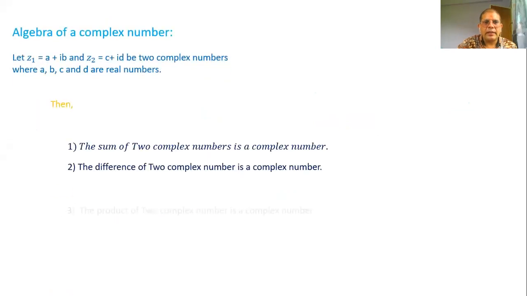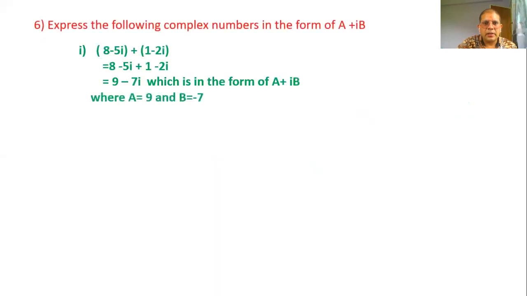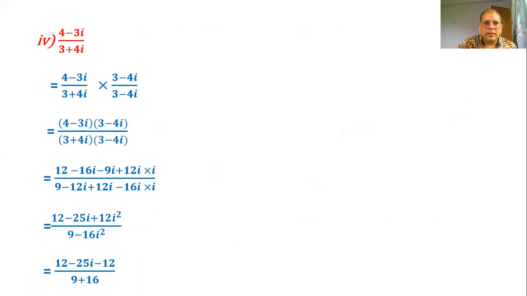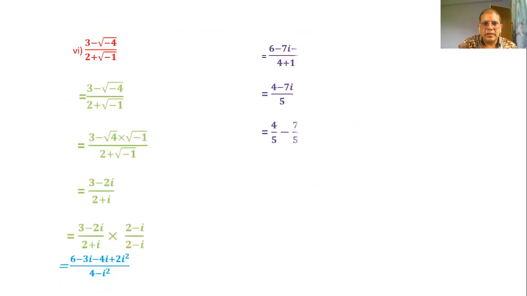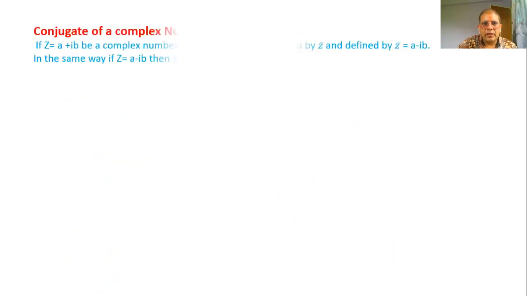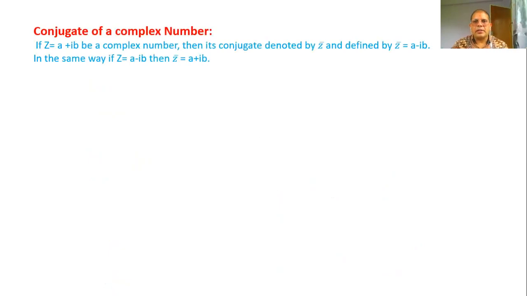We covered integral powers and algebra, then the a plus ib form, and now you have the conjugate of a complex number.